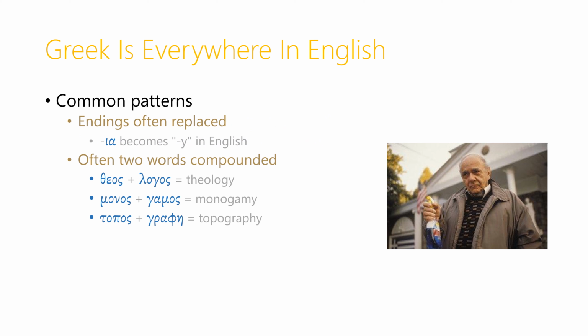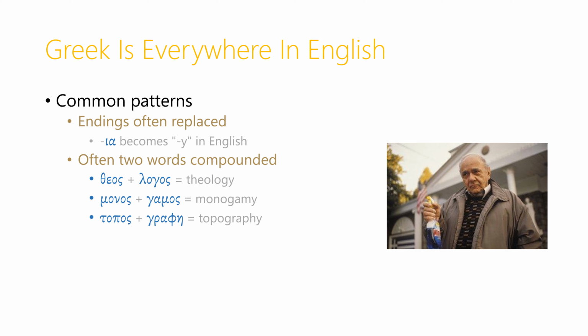Another common pattern is that the endings of words are often replaced when they come into English. For example, the iota-alpha combination, ia, often becomes a Y, E, in English. But it doesn't have to be iota-alpha, especially when two words are compounded to create an English word having to do with a subject area or an abstract idea.